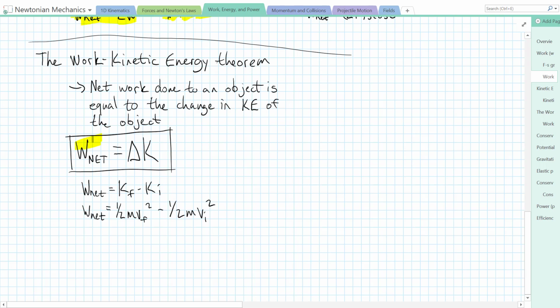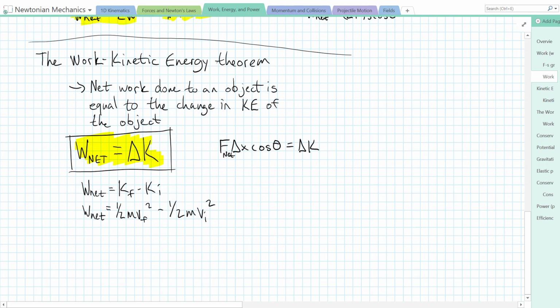So in equation form, net work is equal to delta K. We could also write it as force times displacement times cos of theta, F net, is equal to change in kinetic energy, which means that our net work is just equal to our final kinetic energy minus our initial, which means it's 1/2 mv final squared minus 1/2 mv initial squared.